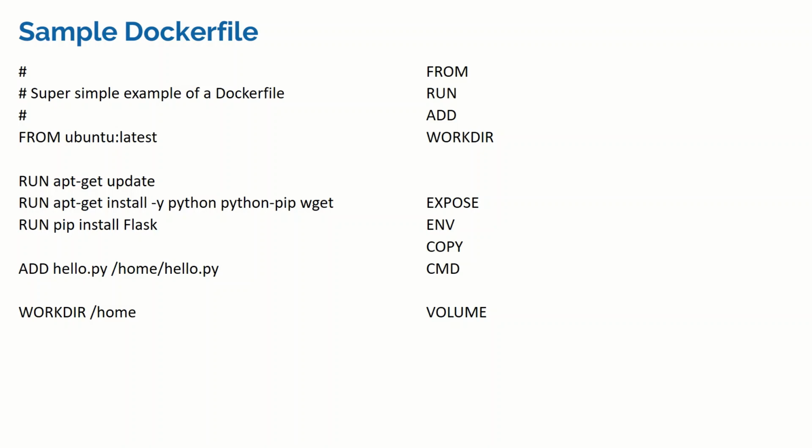The next thing we'll do, we'll go back to our example on the WordPress versus MySQL, and we'll revisit that and try to create our customized MySQL image, which already has the database WordPress set as an environment variable.